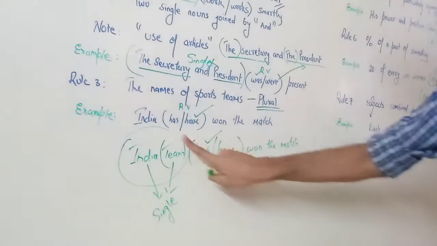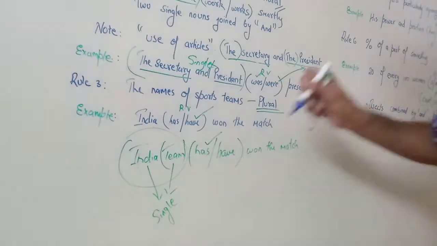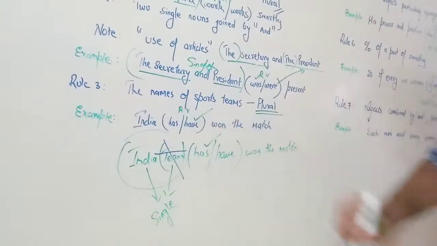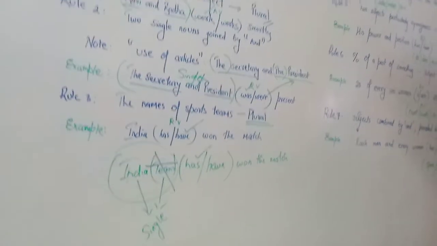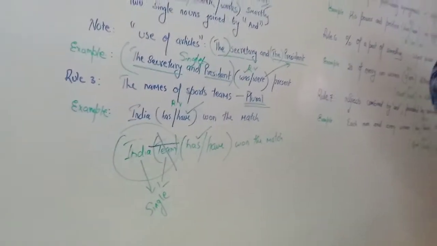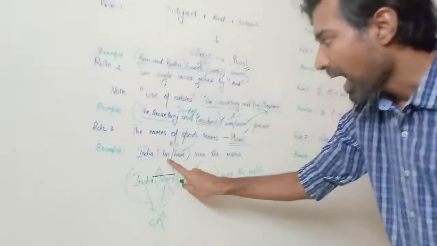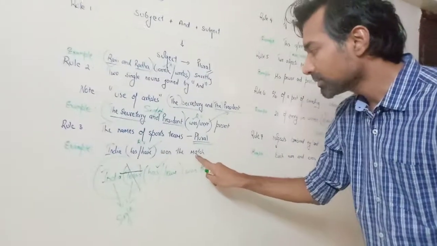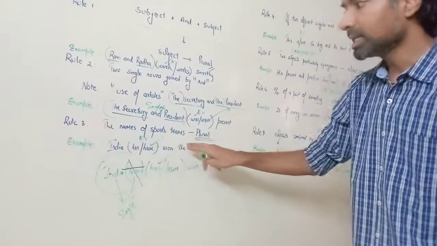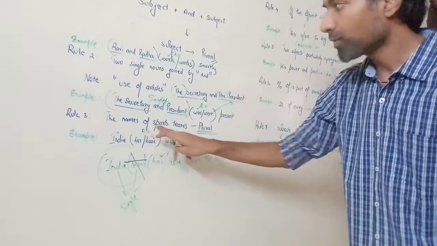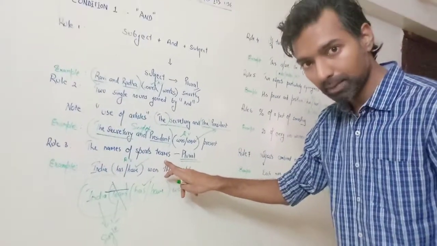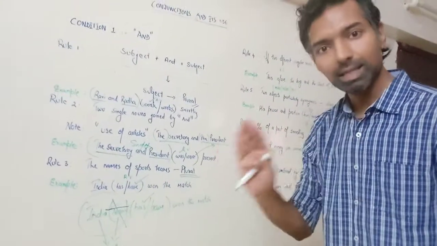But if the collective noun, the word team, would not have been there, and I make a sentence like India have won the match. So as per rule number 3, it says the names of sports teams, only the names.